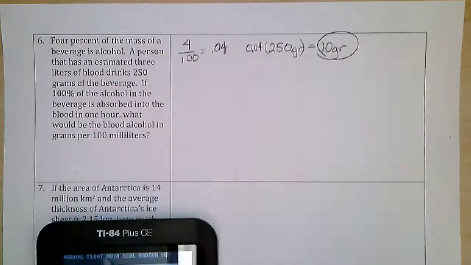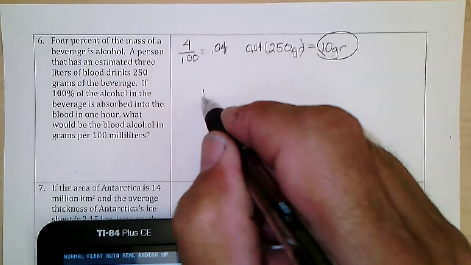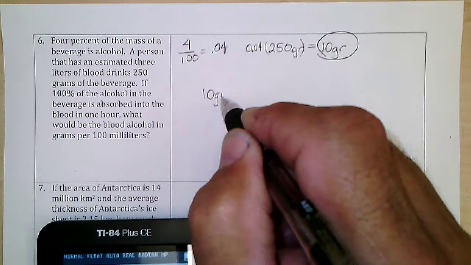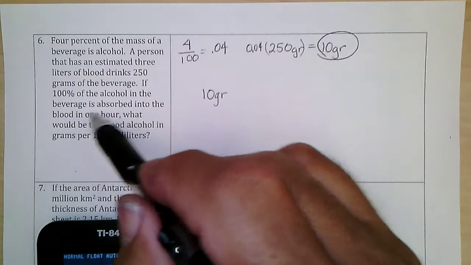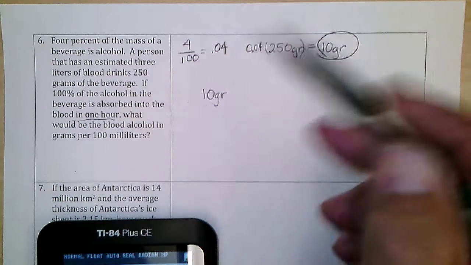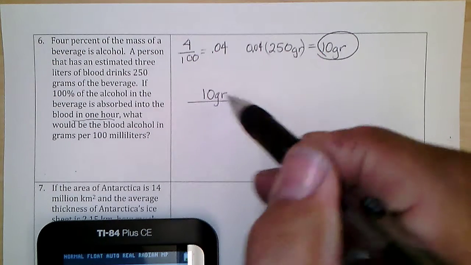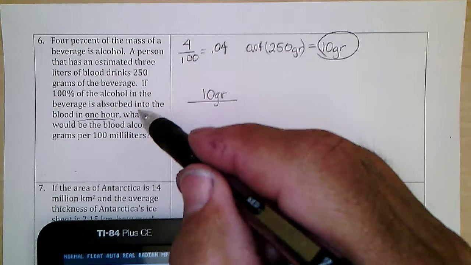So now blood alcohol is how many grams? Well, there's 10 of them in the blood after the hour. And the amount of blood is, where did it say that?